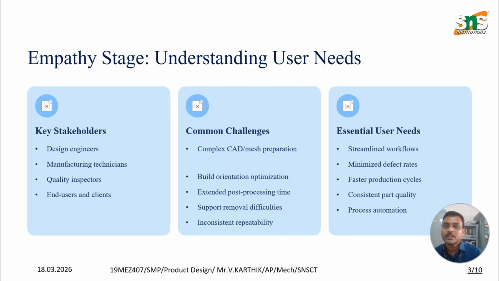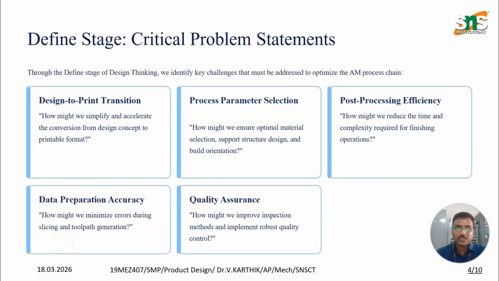This is one of the important things in the manufacturing area for the mechanical team, where the production time has to be minimized, but the quality and the production rate increased. And then consistent part quality. And then process automation, where we use FMS and IoT systems, layouts of organizations. These are some of the important things in smart manufacturing. This is called the empathy stage.